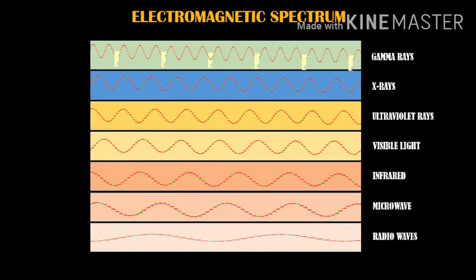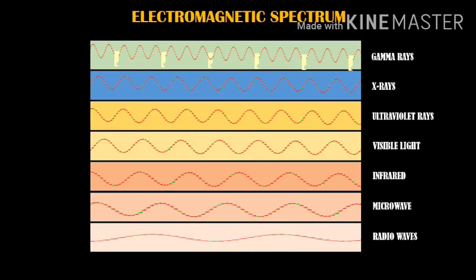Now, it is observable that each wave has a different frequency and a different length, or wavelength. The upper part of the wave is called the crest. The distance between two crests is what we call the wavelength.